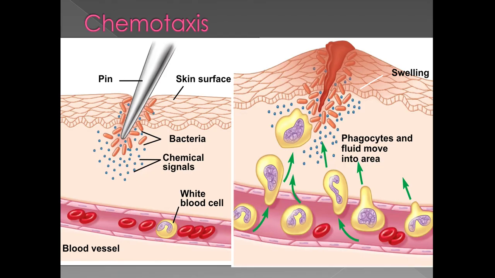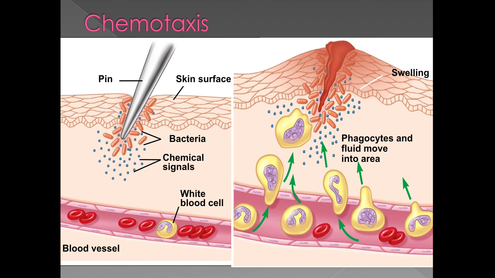So let's look at this. Let's say that you were pricked by a pin, and you killed some of the epithelial cells and some of the cells in the dermis. And with that pin, we had bacteria brought in. Well, these dead or dying cells are going to release chemical signals that attract white blood cells to the area. That process is called chemotaxis.